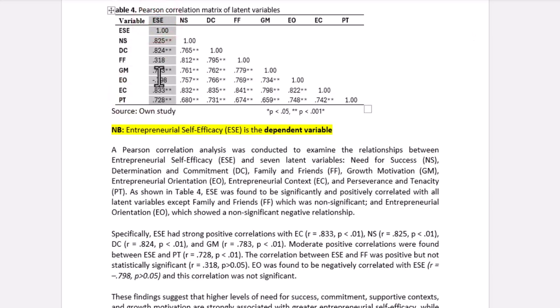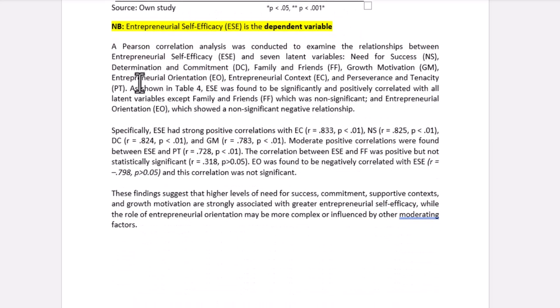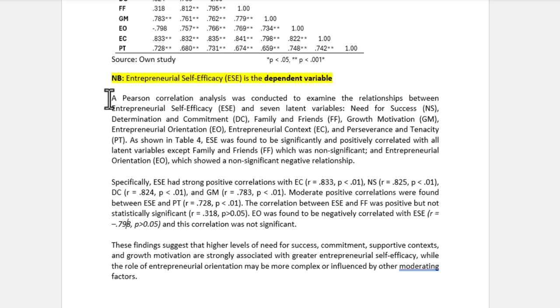Then we go to interpretation. You can see we have three paragraphs. The first one is an introductory paragraph. It says a Pearson correlation analysis was conducted to examine the relationship between entrepreneurial self-efficacy, ESE, and the 7 latent variables.